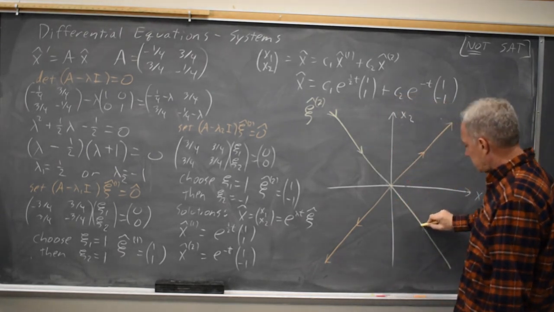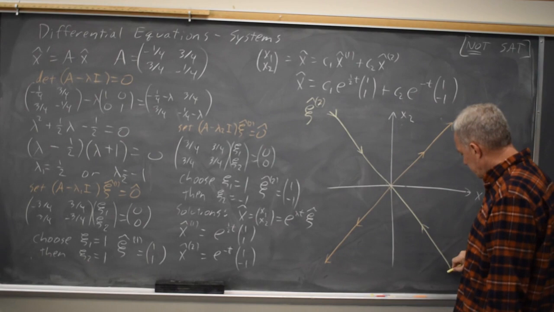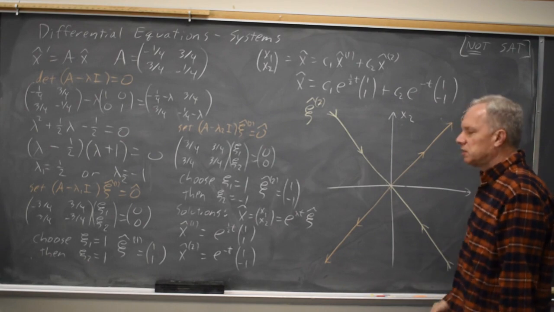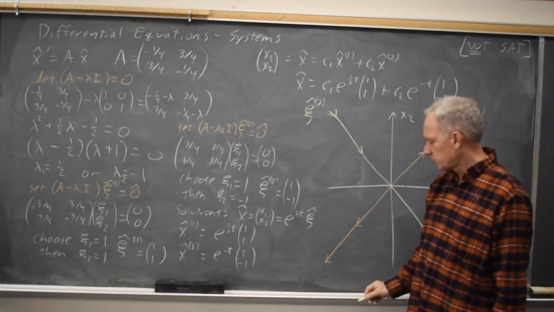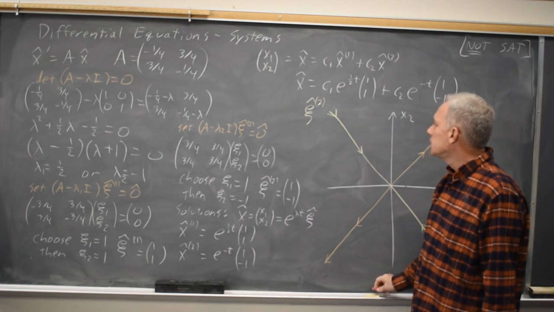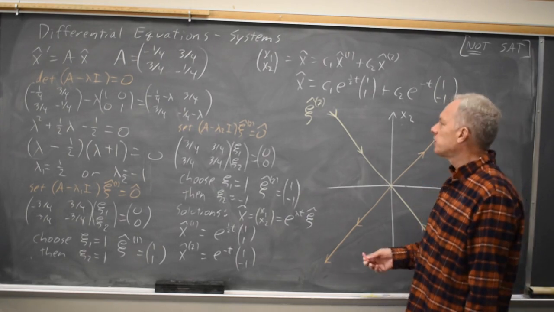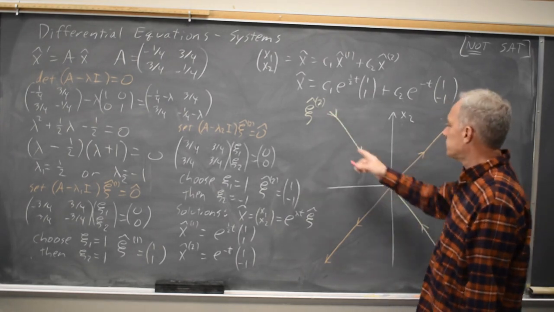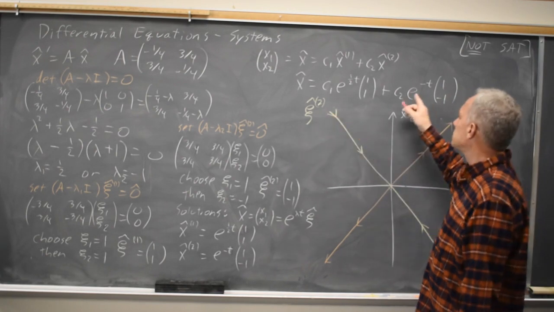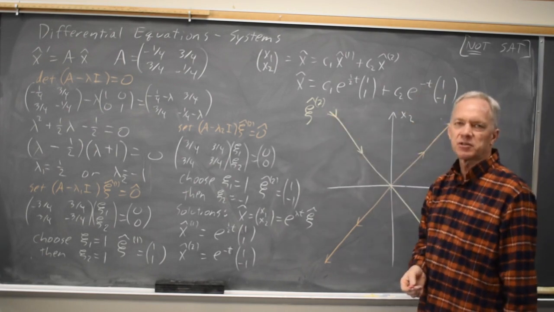I tend not to worry about the relative magnitude of my two eigenvalues if they're different in sign. If I'm not on one of these two vectors, I'll have a linear combination, and my component in the eigenvector 2 direction goes to 0 as t increases because e to the negative t is going to 0.